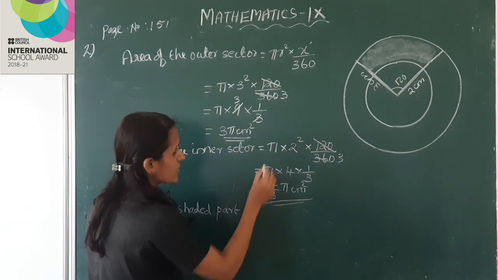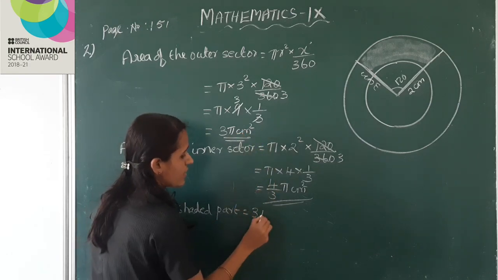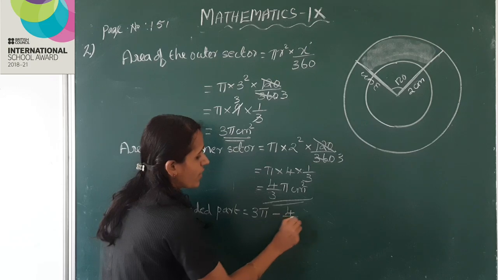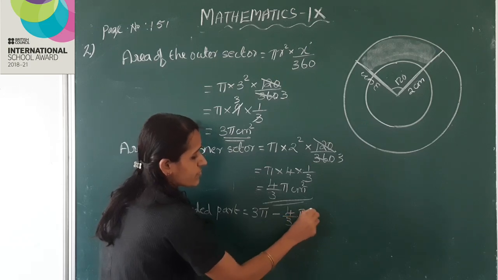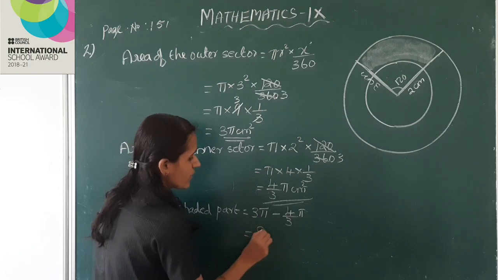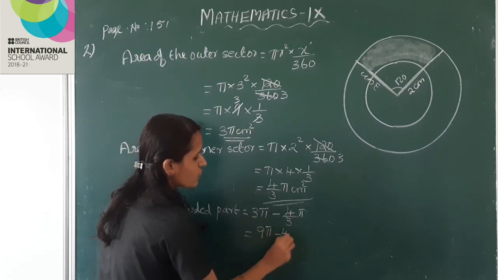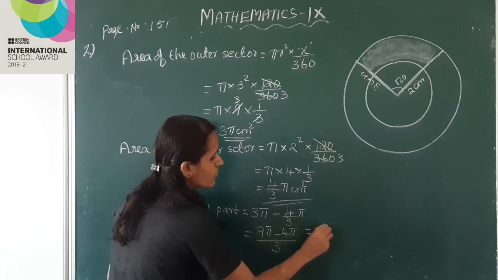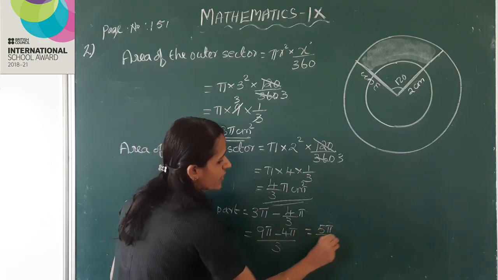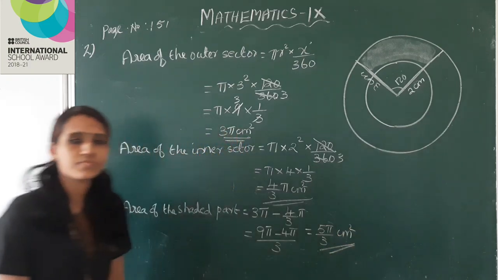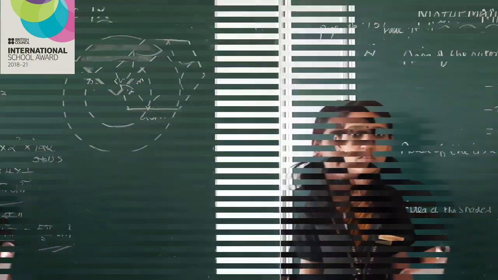Area of the outer sector is what? 3 pi minus area of the inner sector is 4 pi by 3. Okay, this is equal to 9 pi minus 4 pi by 3. This is equal to 5 pi by 3 centimeter square. Clear, children?